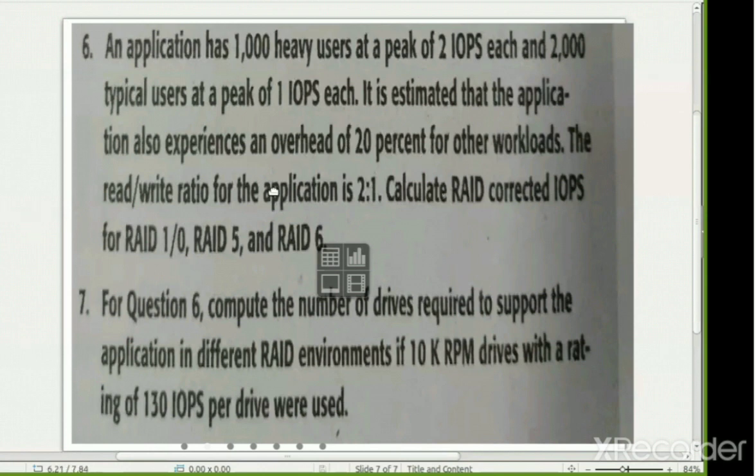And the operations performed, read and write, again are in terms of 2 is to 1. So we need to calculate how much is needed for RAID 10, RAID 5 and RAID 6. As I stated, for RAID 10 the penalty is 2. For RAID 5 the penalty is 4. And for RAID 6 the write penalty is 6. Okay, so I hope you will calculate that.